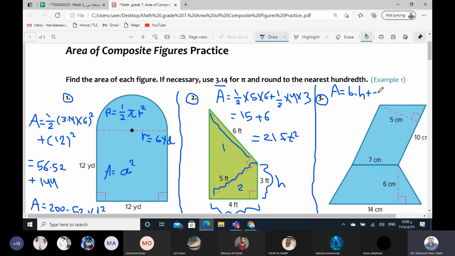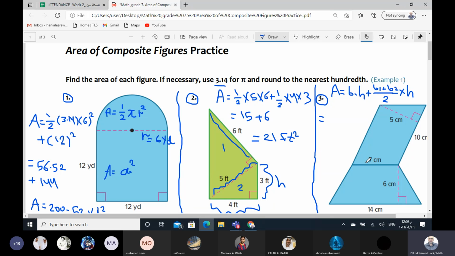As you remember, the area of the trapezoid will be small base B1 plus big base B2, over 2, times the height, or at the first step times the height. Then substitution.